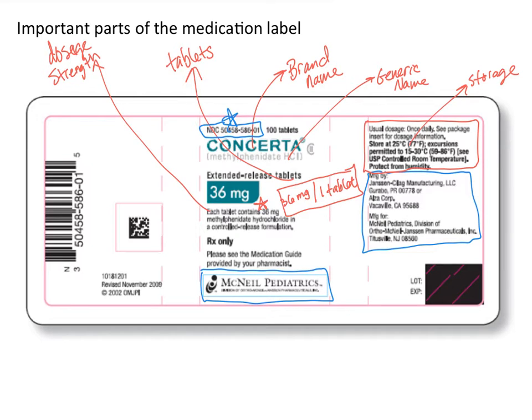The final thing I want to mention is this piece right here, C with a 3 inside. This is telling us we are dealing with a controlled substance. It is controlled, and that's going to be designated by the FDA.